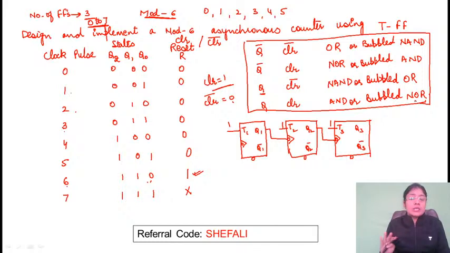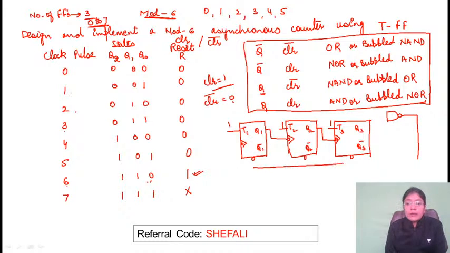Although no question has come so far on asynchronous counter design. Okay, so in this case, if it is connected with Q and you are using clear complement, then the NAND gate will give you the output. So here we need to use one NAND gate which will behave as the clear.